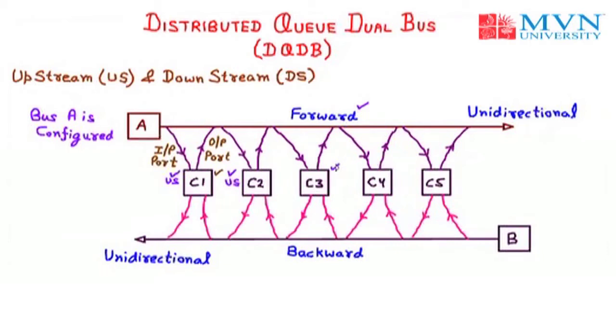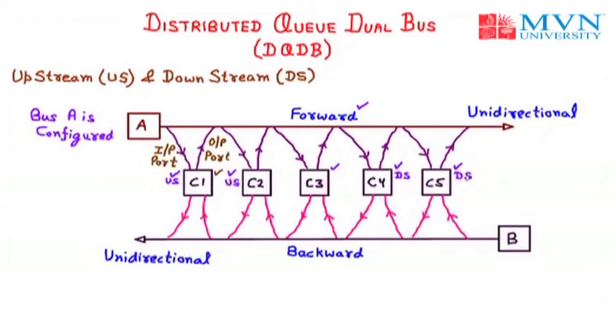System number 4, that is C4, and system number 5, that is C5, are downstream with respect to system number 3, that is C3. So we can say that according to bus A and with respect to system C3, C1 and C2 are upstream and C4 and C5 are downstream.